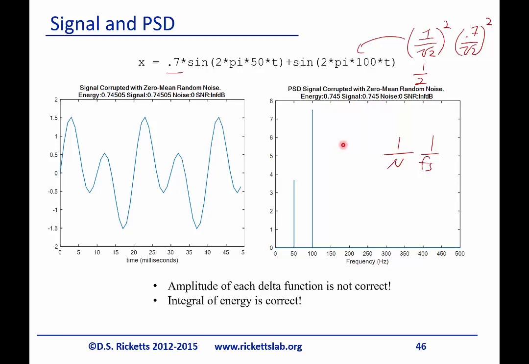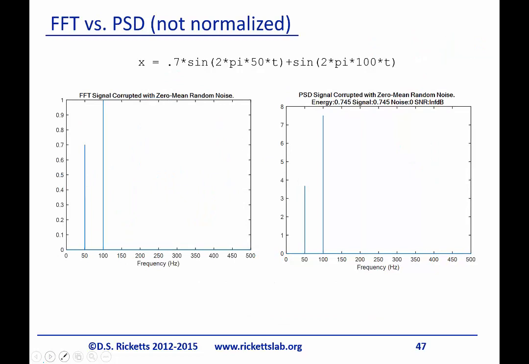So I know that I've done my correct part with this scaling, but I need to figure out a way to normalize so these delta functions are the correct value. Before I show you that, I just wanted to take a quick look at the FFT, which is here, versus the PSD, and you can see clearly 0.7 and 1 are the actual amplitudes, and here we do not have the correct amplitudes, although the frequencies are the same.